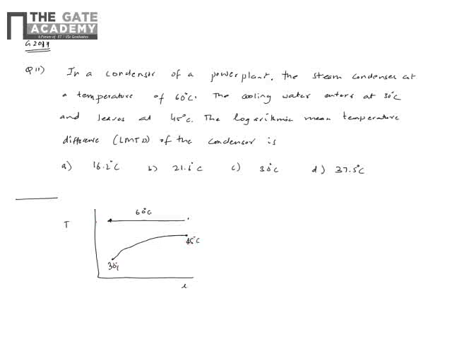This is delta T1, the temperature difference at the inlet, and this is delta T2, the temperature difference at the outlet. So delta T1 is 60 minus 30, which is 30, and delta T2 is 60 minus 45, which is 15.